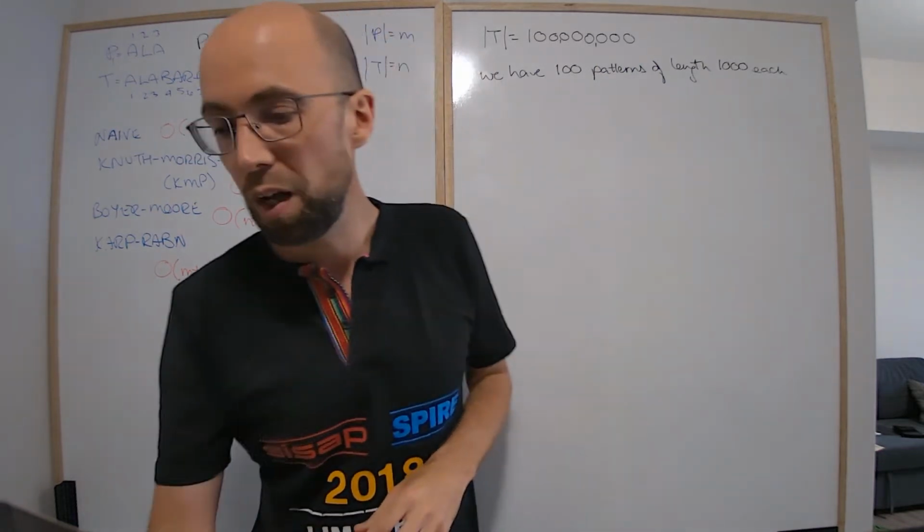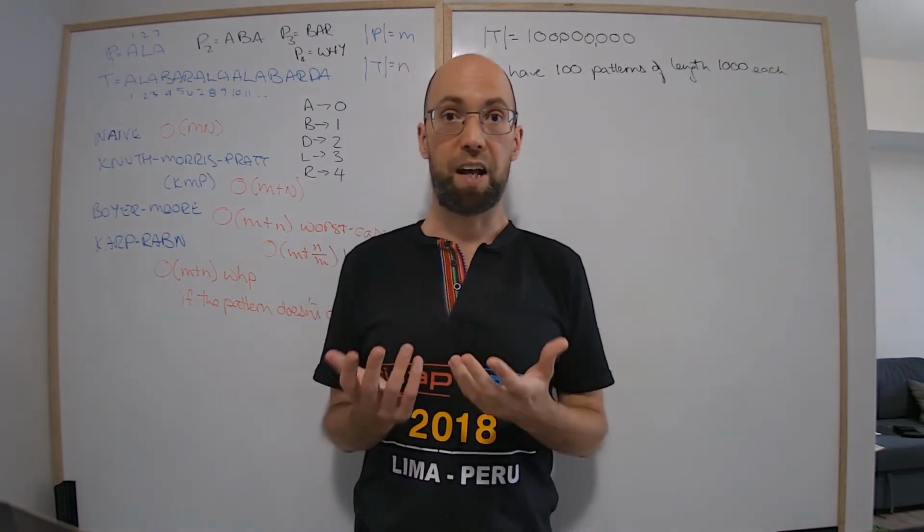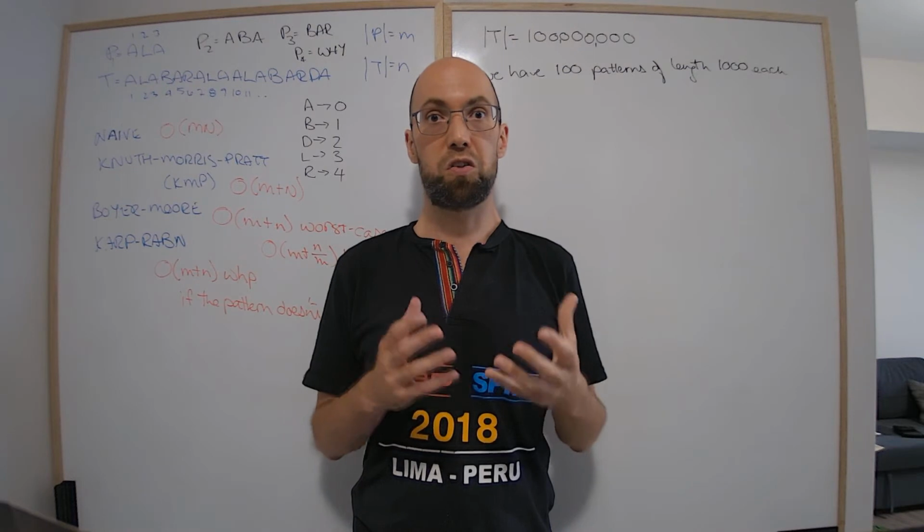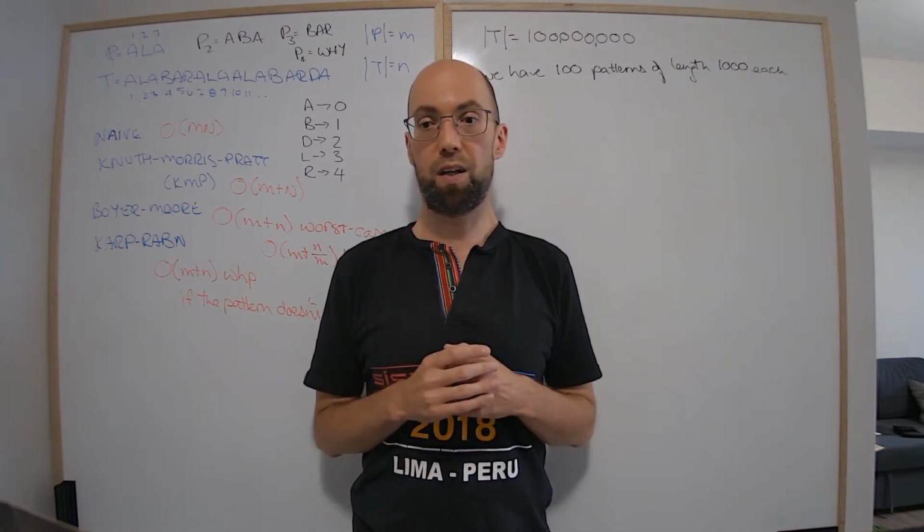So what do we do? We take the patterns, we compute their Karp-Rabin hashes, which is a number in the range 0 to p minus 1, where p is this prime we've chosen.